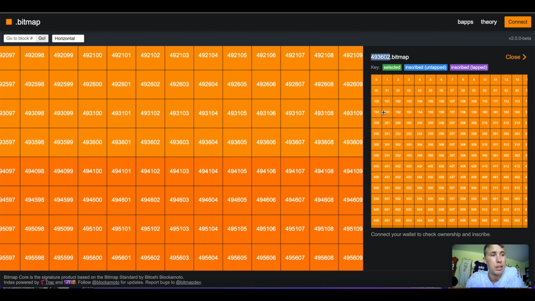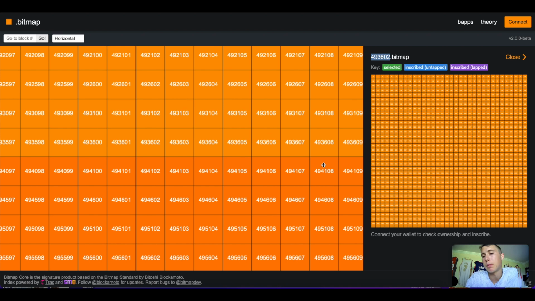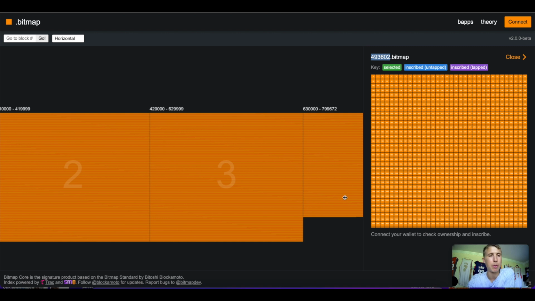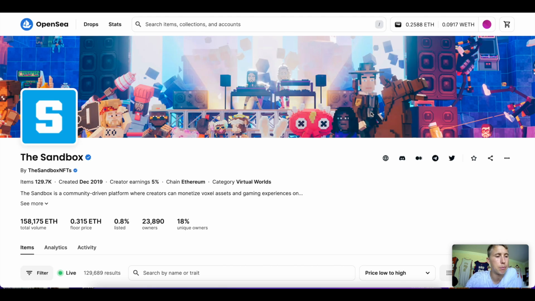I don't own the individual bitmap. Some people may think this is diluting the market share, but in my opinion, it's actually increasing the total addressable market. I look at Bitmap as an immutable metaverse on the most decentralized network in the world, which is Bitcoin. Let's give some comparisons of where we could see price-wise.